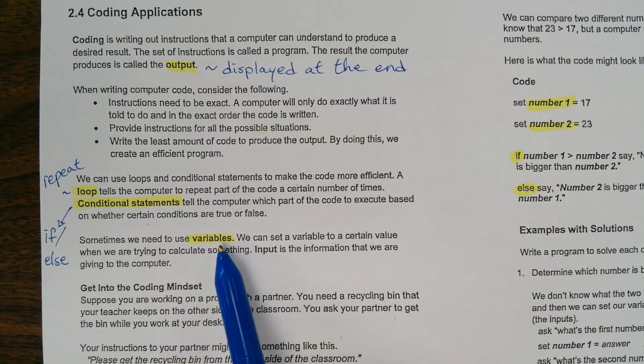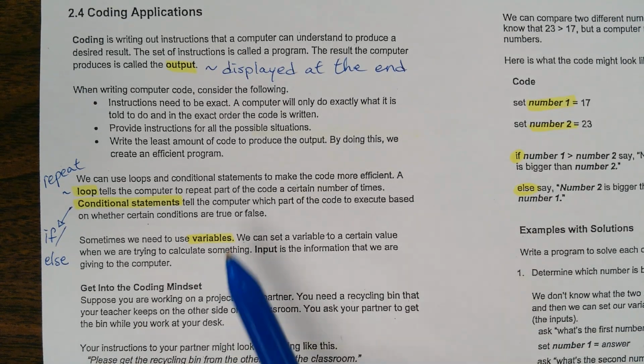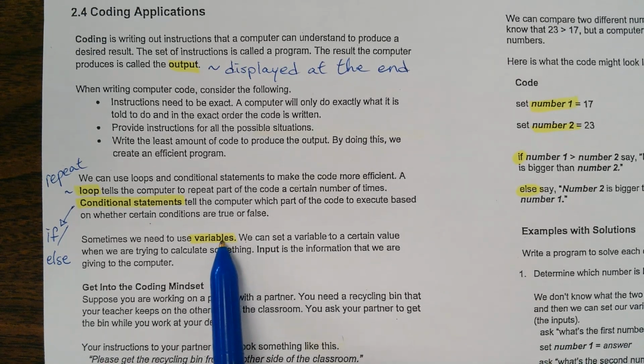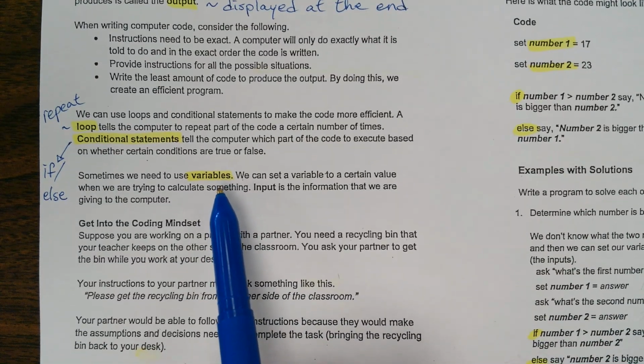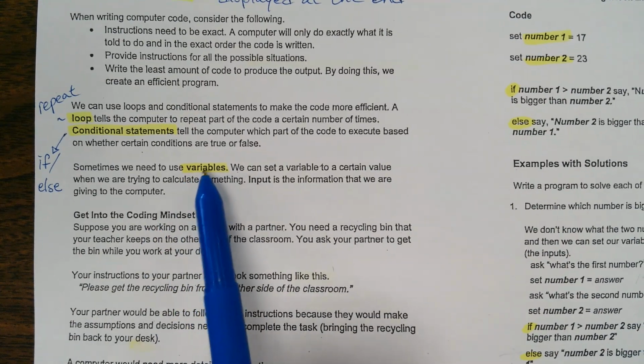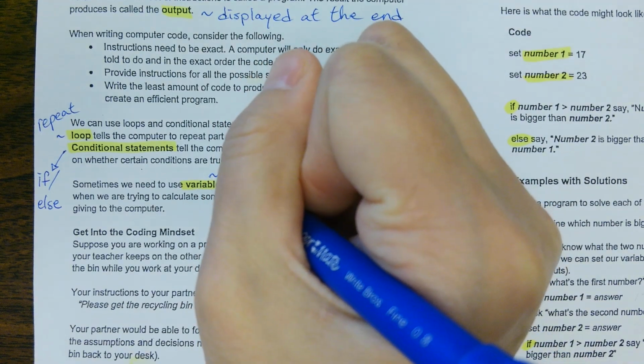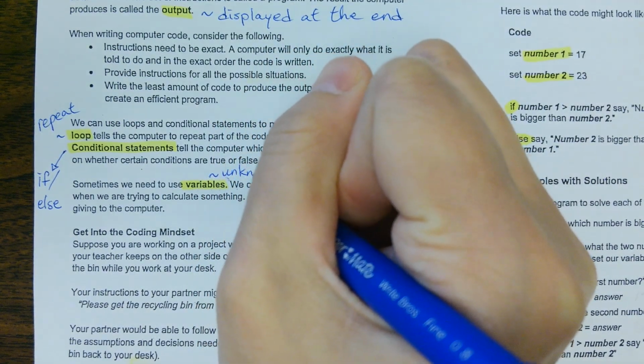For example, let number 1 be this. Let color be blue. Let gender be boy or something like that. So we can have words to represent our variables, our unknowns. In the examples we're going to go through, these variables or unknowns are bolded.